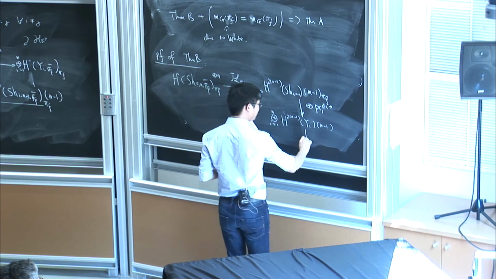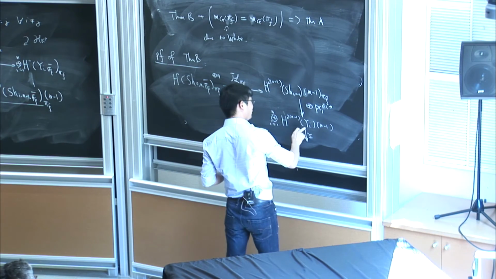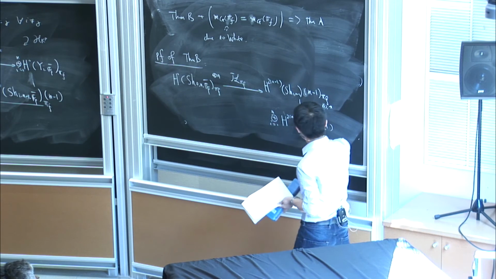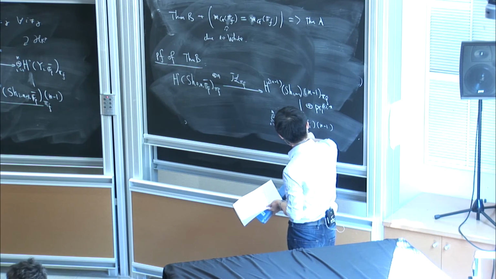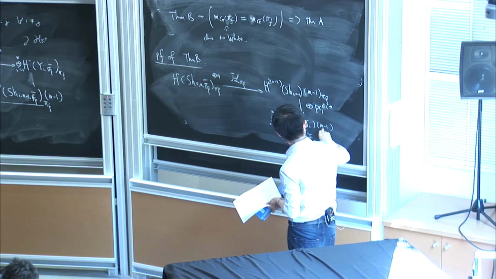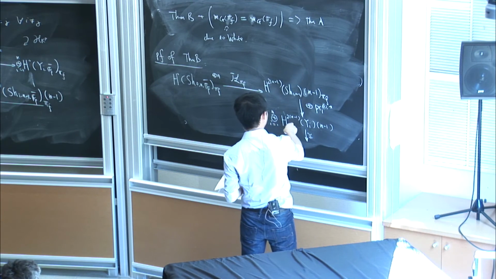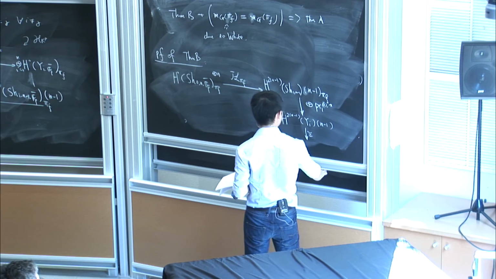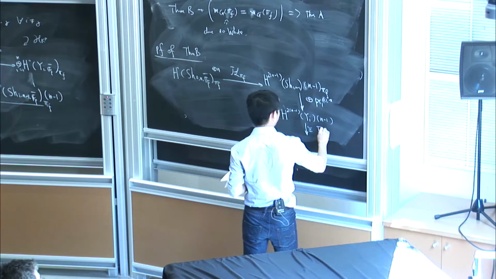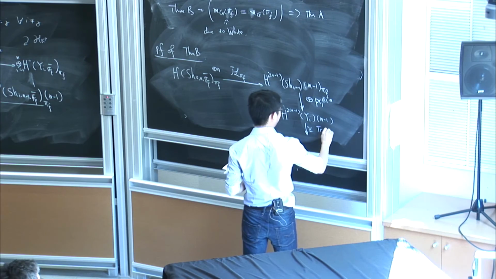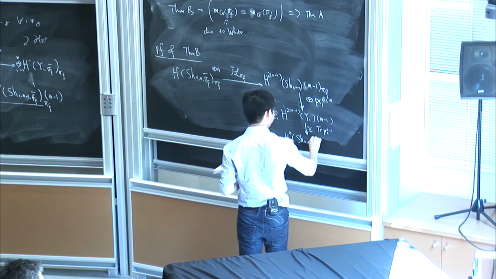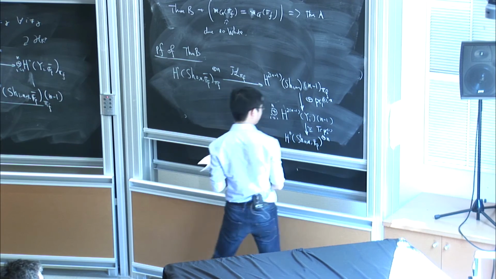And then, since each Y_i is projective smooth of dimension n minus 1, actually equidimensional of dimension n minus 1, and using the trace map, you will see that this is naturally isomorphic to n copies of that.